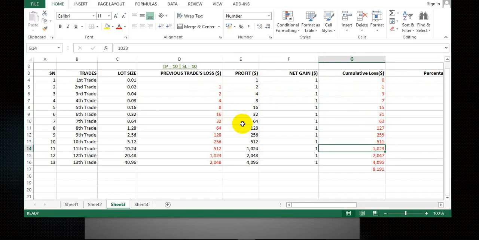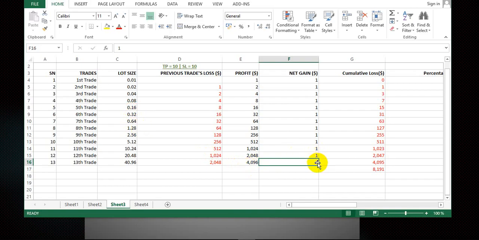You end up making a profit, but guess what your net gain is? It remains $1 no matter what. So you see how undesirable this is. It means you stake so much of your money as the trades progress, and you're making only $1.